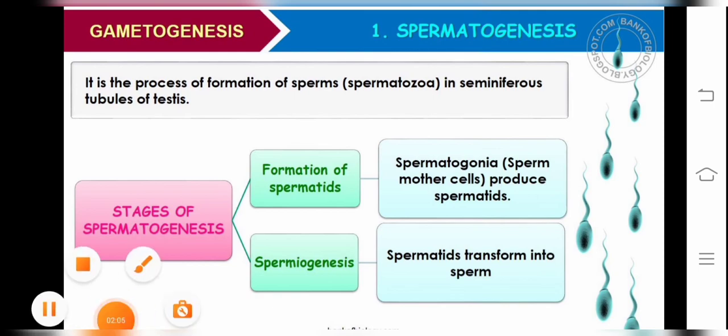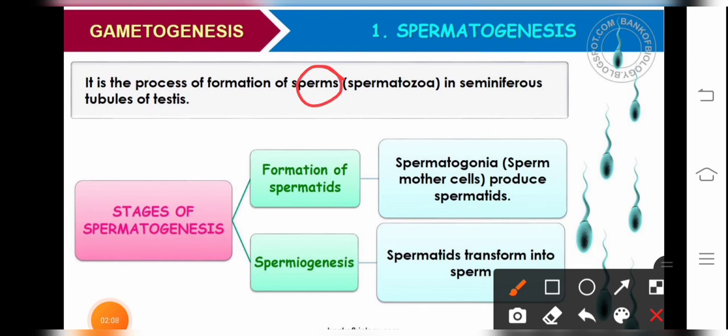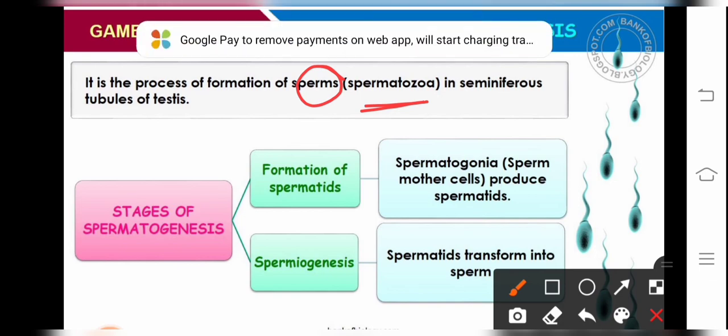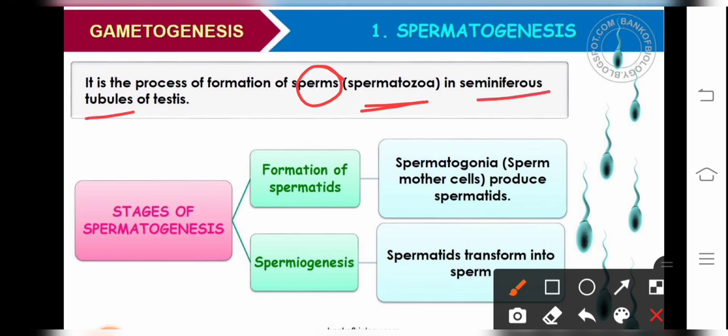It is the process of formation of sperms, also called spermatozoa. Don't get confused. Sperms and spermatozoa are one and the same. Where exactly are they produced? In the seminiferous tubule of the testis.